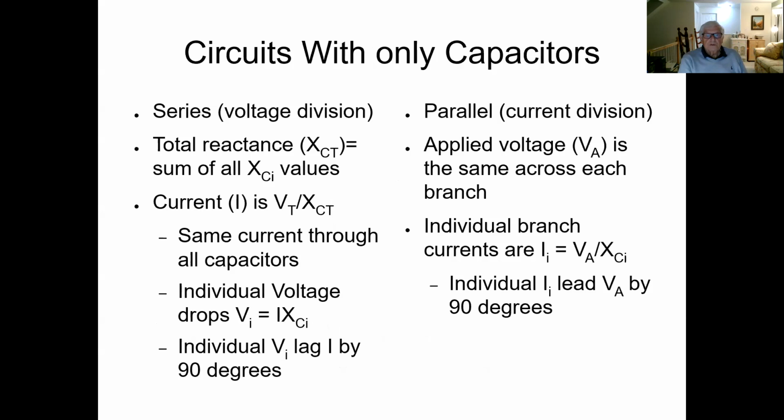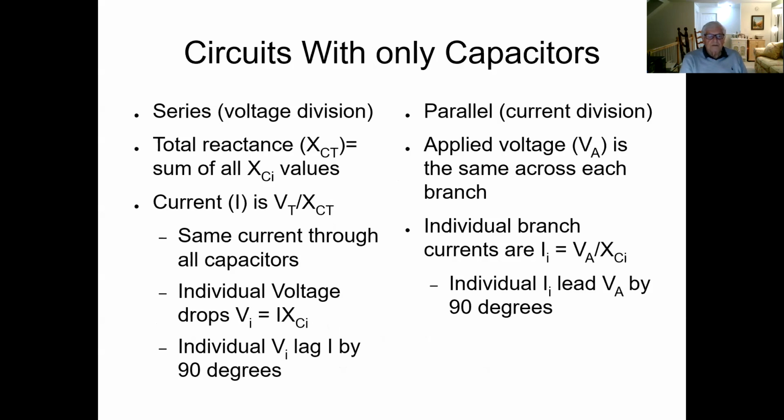So now we switch to circuits with only capacitors. Total reactance is going to be the sum of the XCs. The current is going to be determined from the ratio of voltage to reactance.